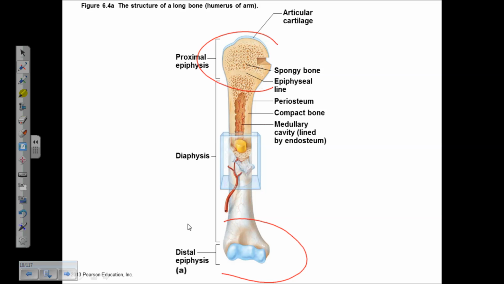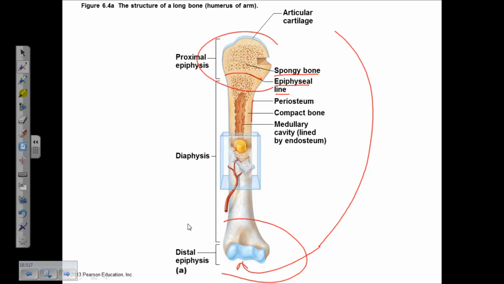So here's the structure of the long bone. This is going to be the proximal epiphysis. That is going to be the distal epiphysis. On the outside, in the place of articulation, it is covered with articular cartilage.